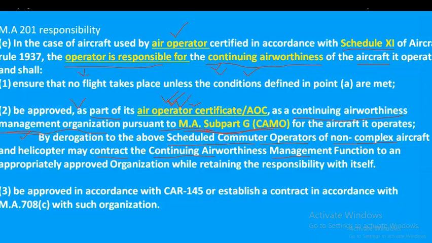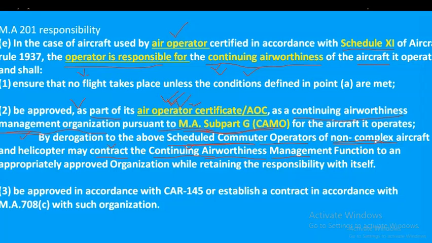Scheduled commuter air transport operators, not scheduled air transport operators. Okay, you should remember this. So in the case of scheduled commuter air transport operators, if they have some non-complex motor powered aircraft, then that operator may contract to another, independently approved CAMO some continuing airworthiness tasks. Okay, this is permitted. This is an exemption for scheduled commuter operators.